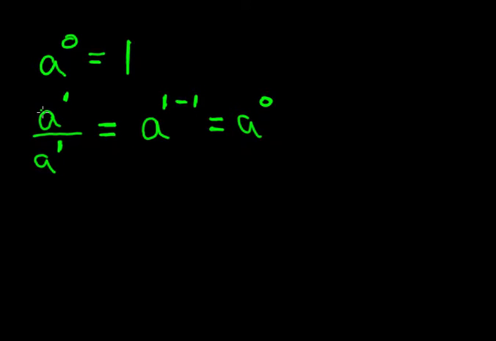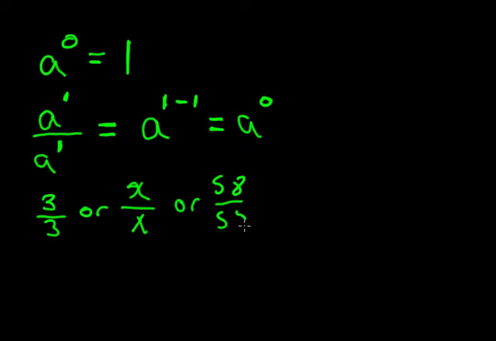But we also, back from division, know that anytime we see some number divided by itself, as in 3 over 3, or x over x, or 58 over 58, they all equal 1. And here we have a to the first over a to the first. So I can say that's also going to equal 1.